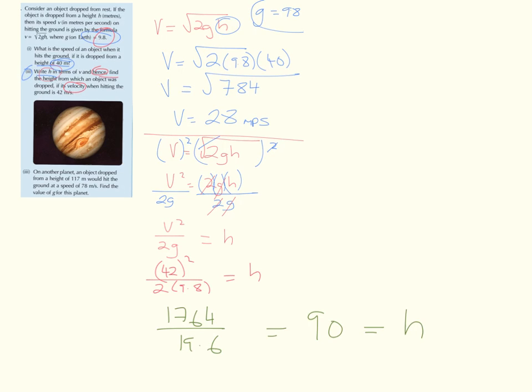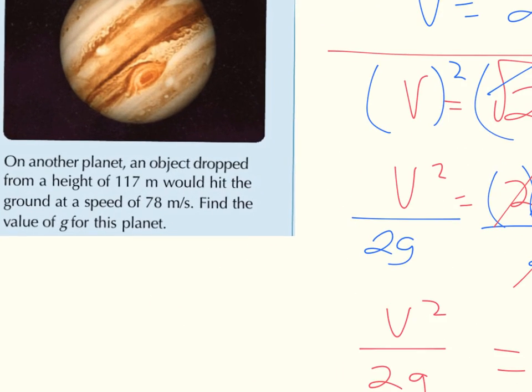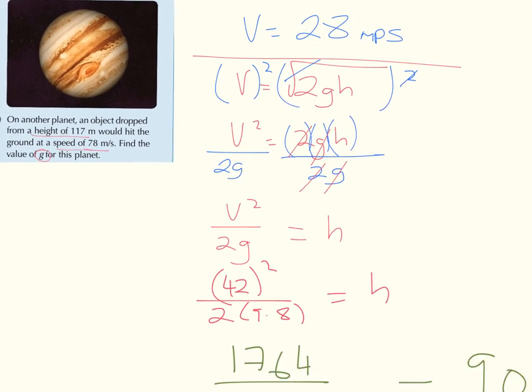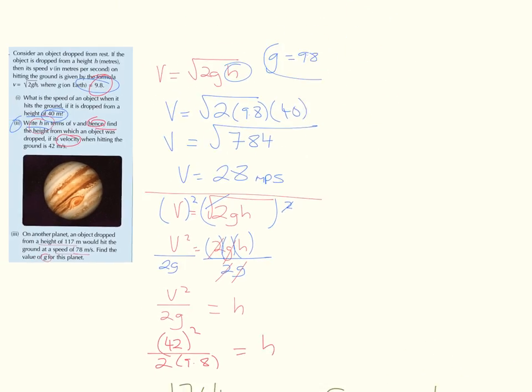The last part of that question then: on another planet, an object dropped from a height of 117 meters would hit the ground at a speed of 78 meters per second. Find the value of g. So we now know the height and we know the velocity or the speed, and we're looking for g. So let's rewrite our formula. We can write it in either terms.